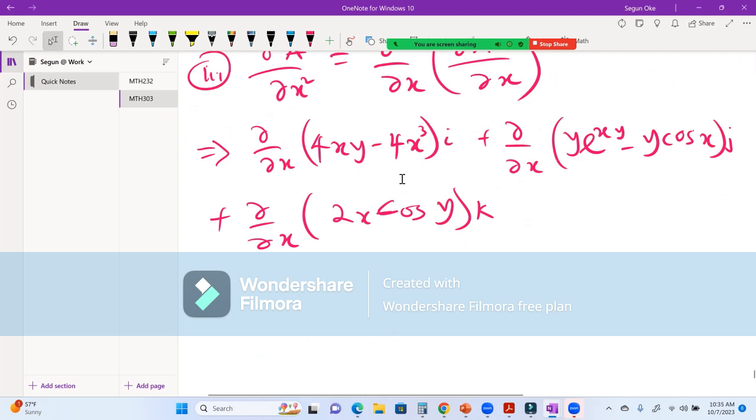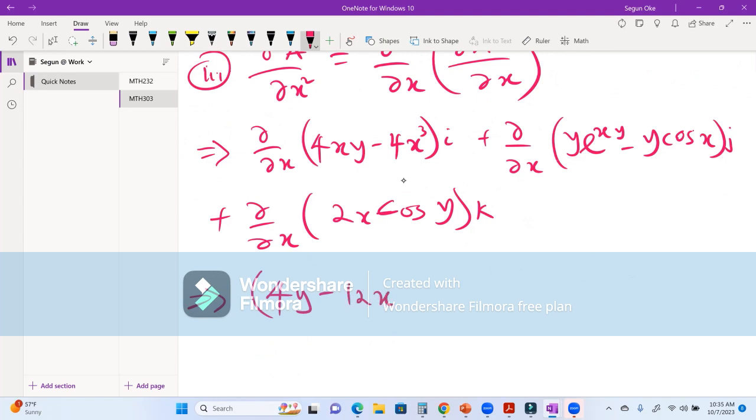So if I differentiate this, what do I have? Let's differentiate this with respect to x. The i component will be 4y minus 12x squared i. Then differentiate the next. What do you have?